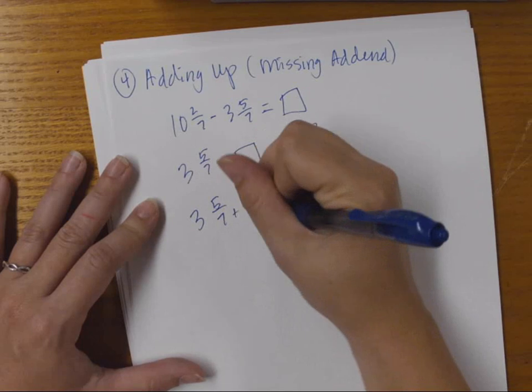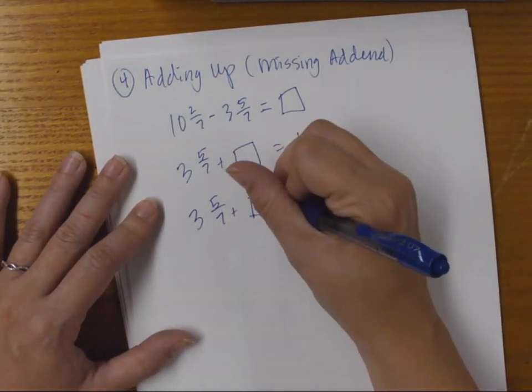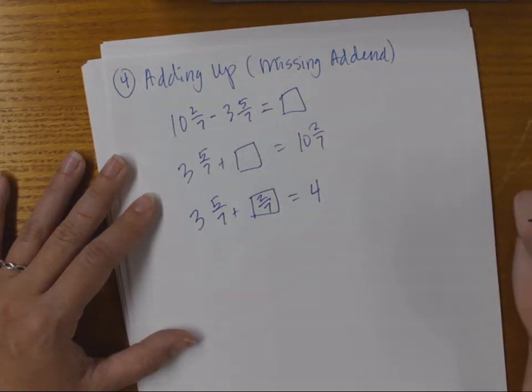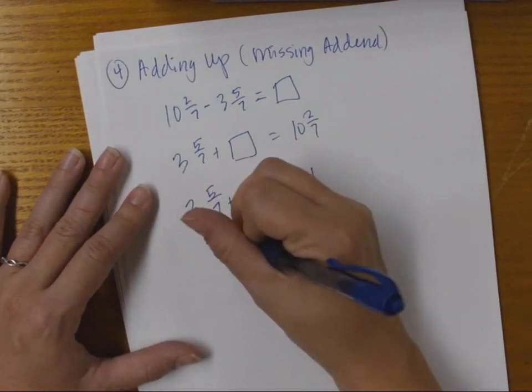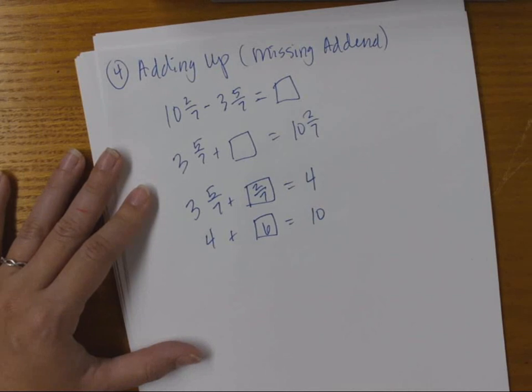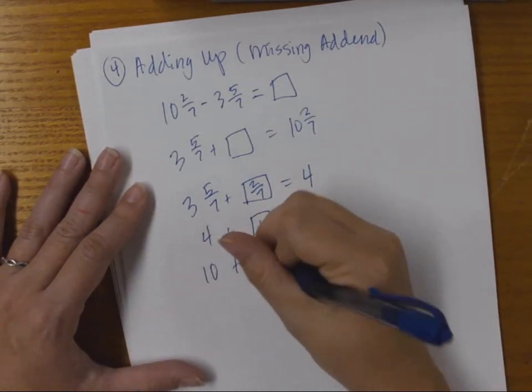So 3 and 5/7, what can I add to 3 and 5/7 to make it a nicer number? Well, 3 and 5/7 plus 2/7 gives me a pretty whole number of 4. Trying to get to 10 and 2/7, so now I can do 4 plus 6 equals 10. So now I'm at 10. How do I get to 10 and 2/7? Well, add 2/7 more.